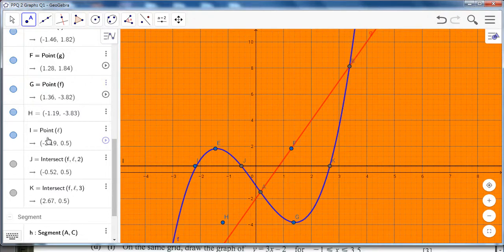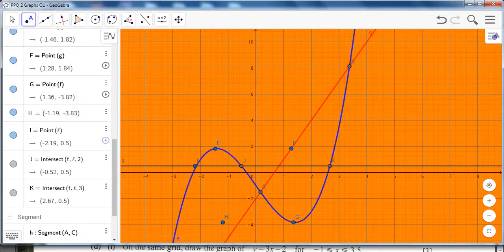So approximately, even in your graph, this is where your points should lie. This, of course, is an exact calculation, so it may vary slightly from your graph, which may not be exactly as accurate as this one. Okay, so that's the answer to part C1, which we had already discussed.